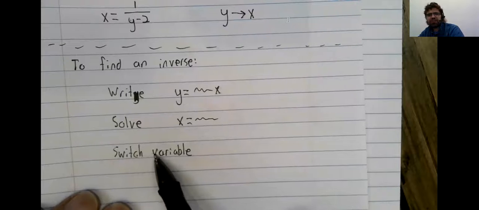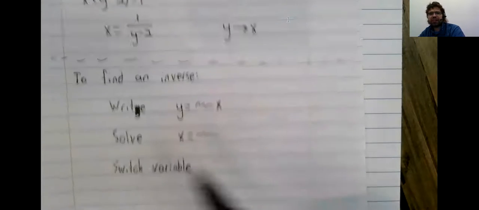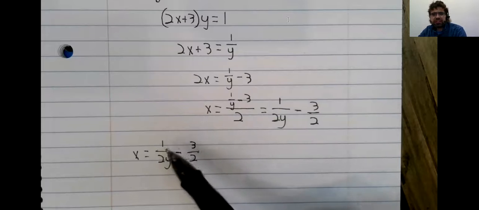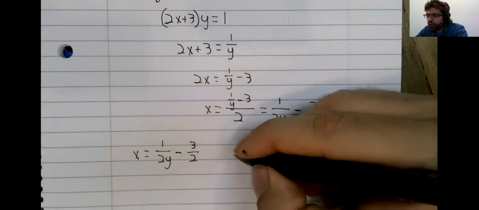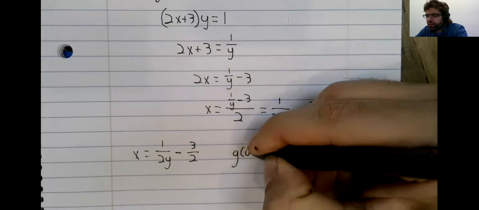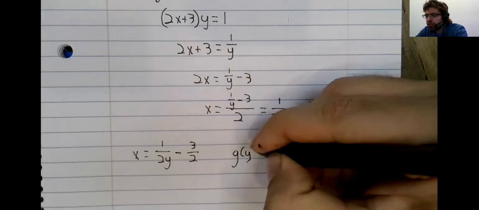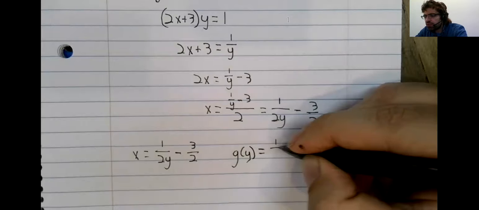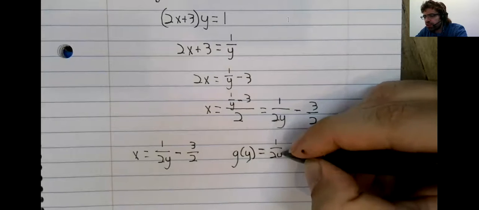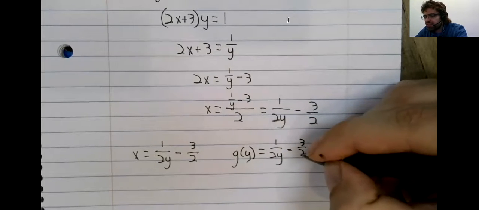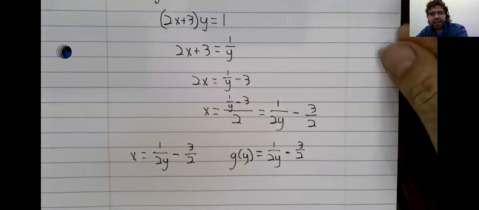What's up with this last step? Well, if we now wrote this in function notation, we'd write, let's call it g, g of y equals 1 divided by 2y minus 3 halves.